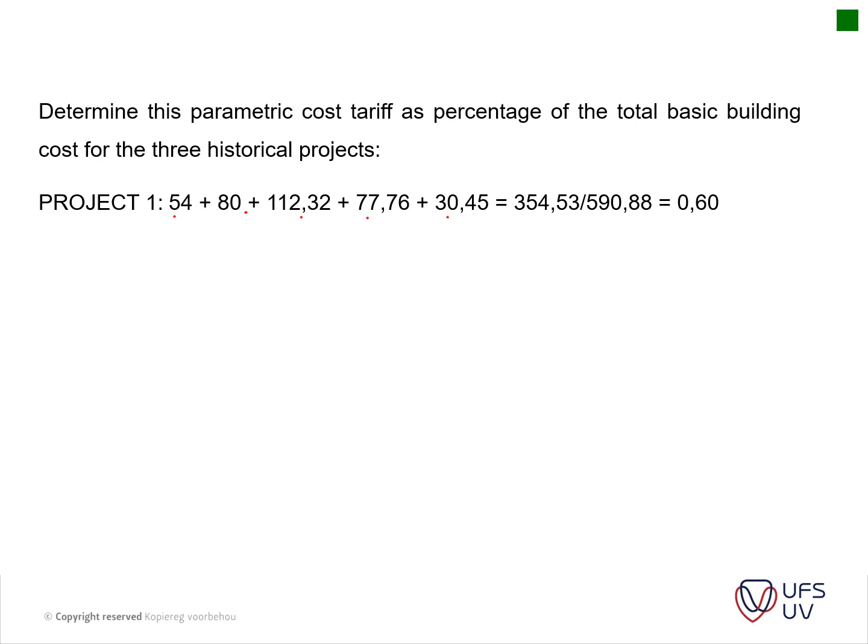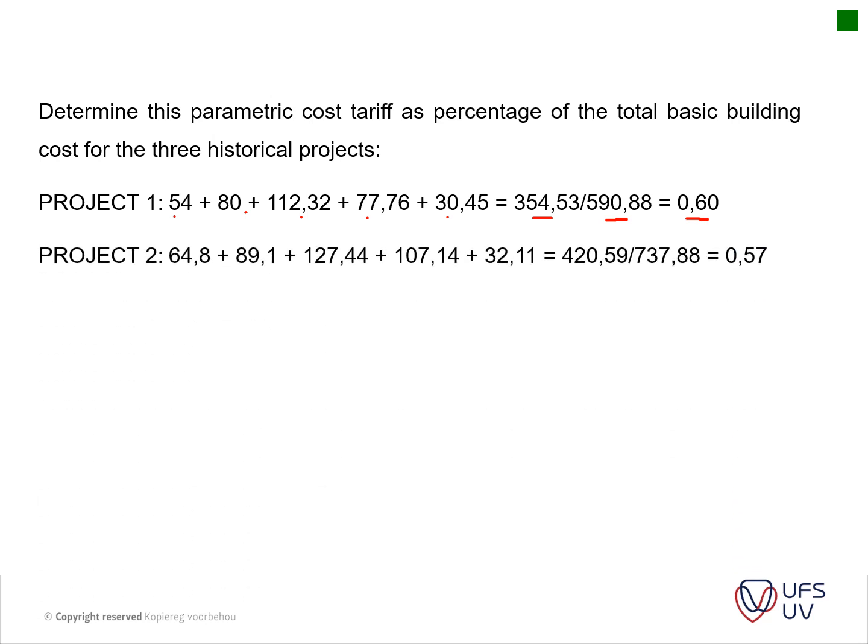Okay, so then you take your 354 Rand of these totals divided by the total building cost to get a percentage of 60% for your project 1. So those items in table 2 contributed 60% of the total cost of your first project.